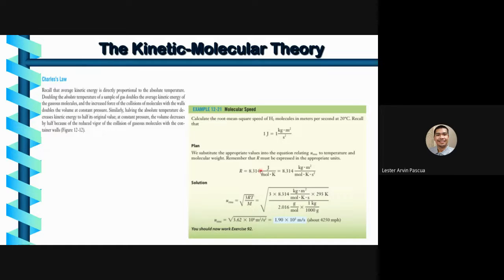Iba nga lang yung R na ginagamit ko. Yung joules na version. Take note pala na ang joules ay equivalent to kilogram times meter squared per second squared, okay? So, yun yung SI unit niya. So, if you're gonna convert that, yan ang equivalence niya.